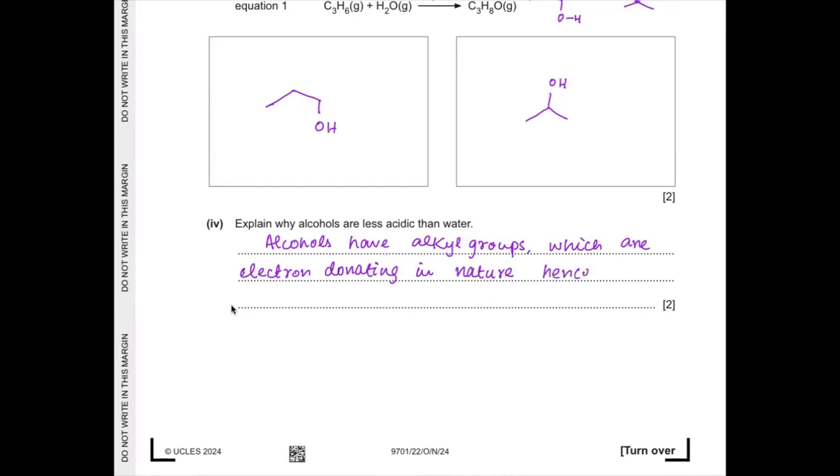Hence, they make the OH bond stronger. So if the OH bond gets stronger, then it doesn't break easily, and that makes it a weak acid than water. Is it clear to all of you?